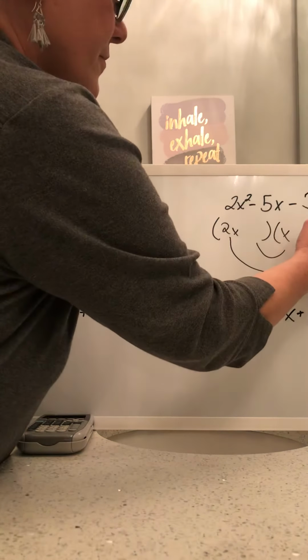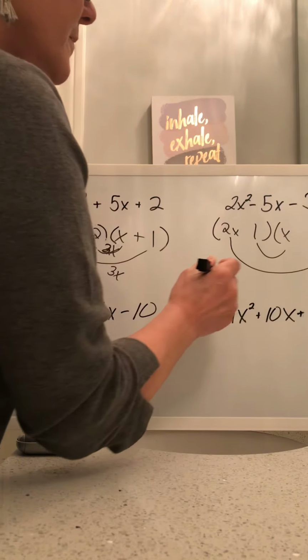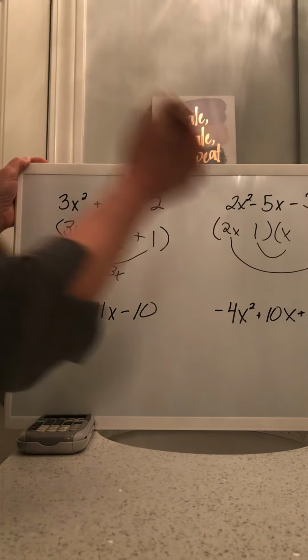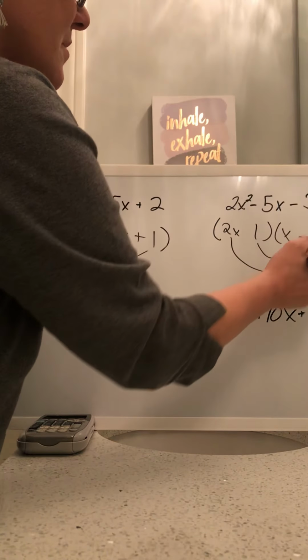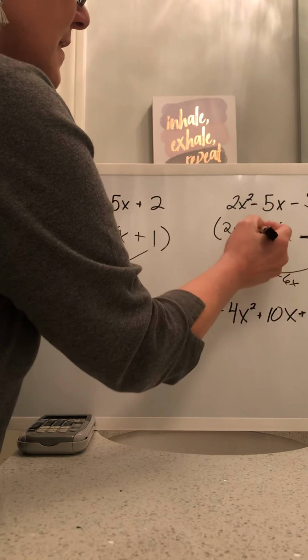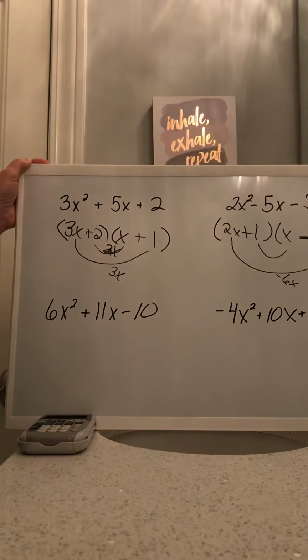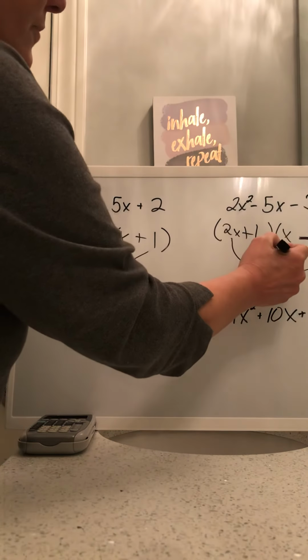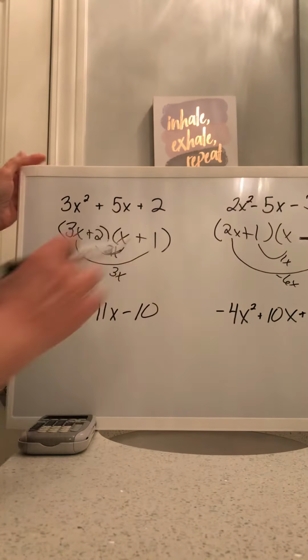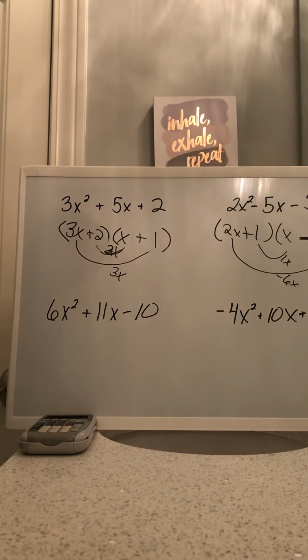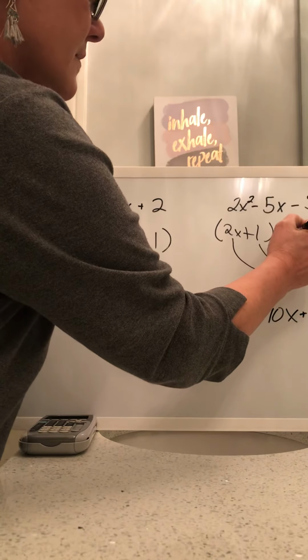So I'm going to put the 3 over here and 1 here. And we'll make the outers give us a negative 6x and the inners give us a positive 1x. And you'll see that those would add up when you remultiply it to negative 5x. So that is the correct factored form of that expression.